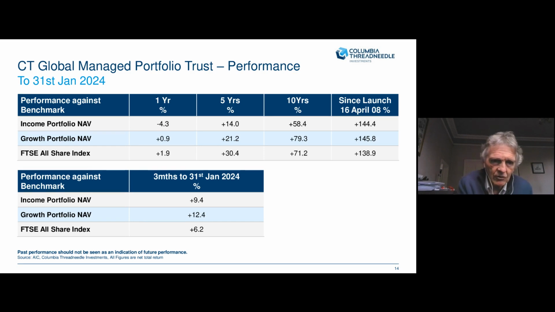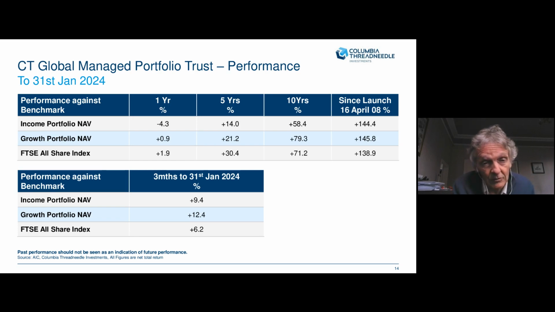Now, I've got the last quarter there, 3 months, and that's quite instructive. Yes, at the beginning of November, when the central banks made their first announcement on interest rates, that they were pausing them and they were unlikely to go higher, markets took that pretty positively. The all-share index over November, December, January was up 6. But look at those two performances there.